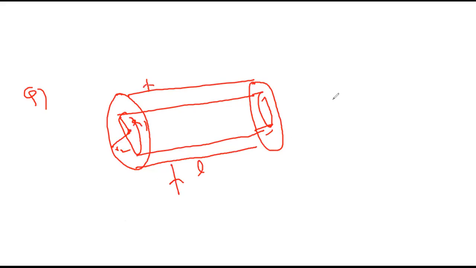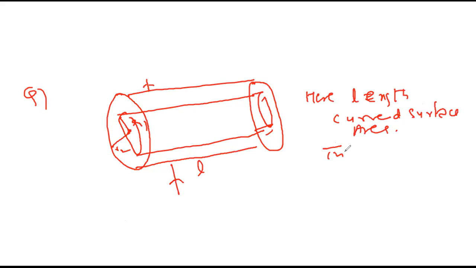Current is entering like this. So here length is curved surface area, which is not constant, and thickness is dr. dr means any distance dr.